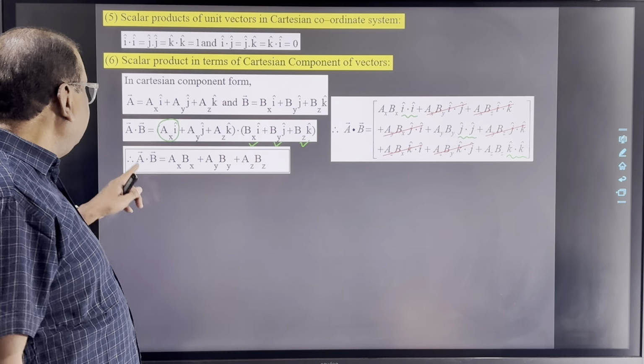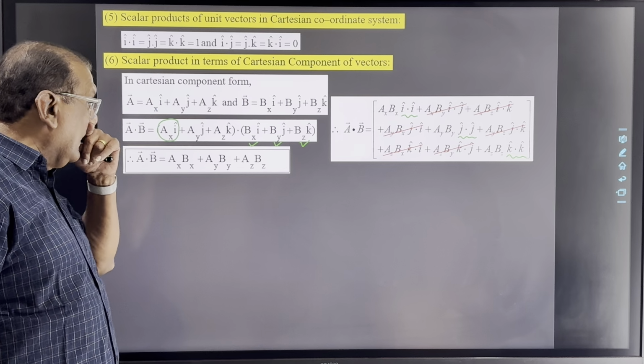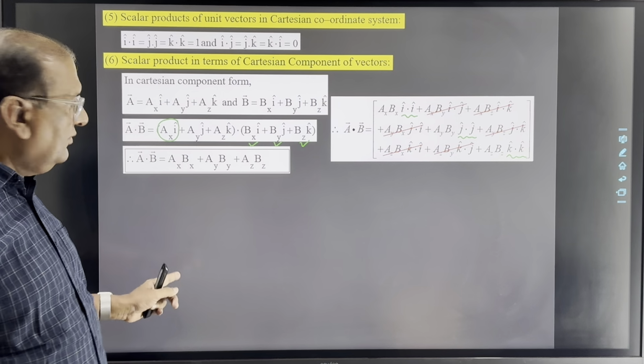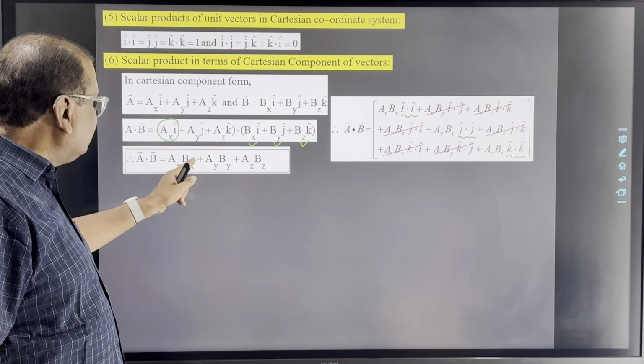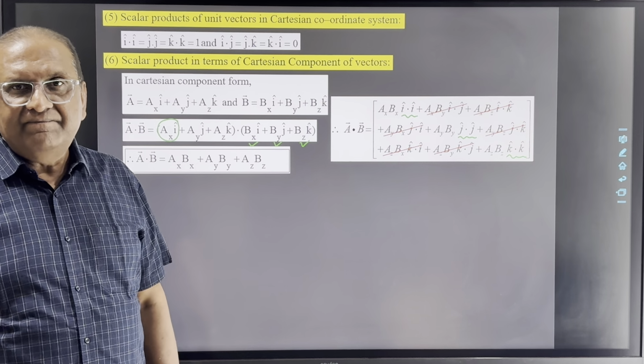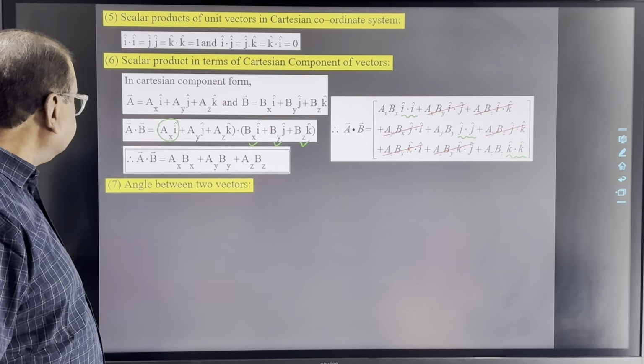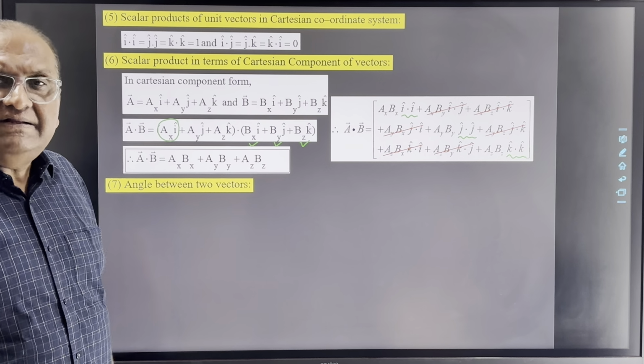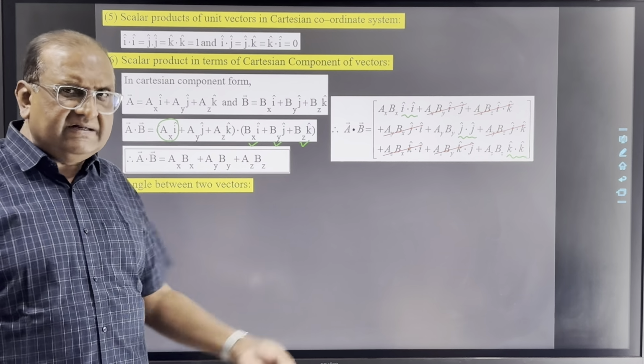So we can write simply vector A dot vector B equal to AX BX plus AY BY plus AZ BZ. Clear?